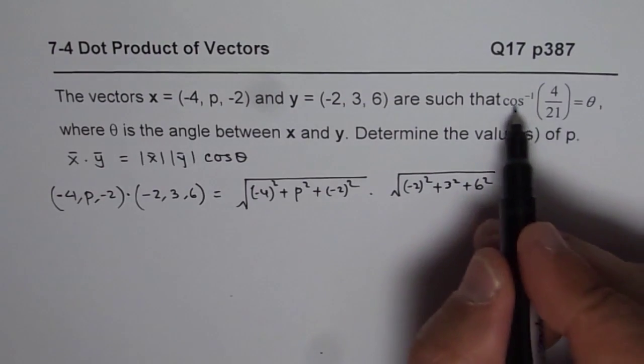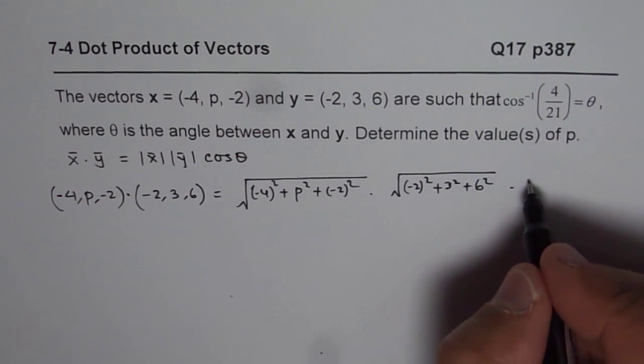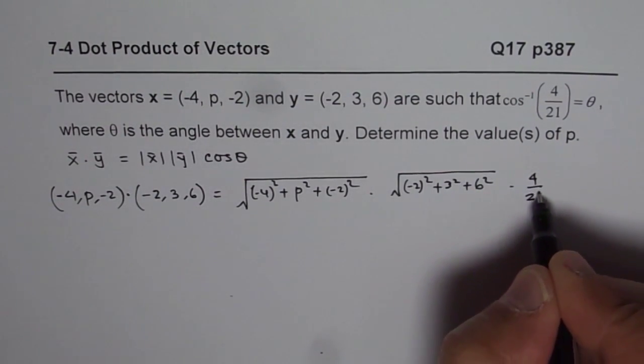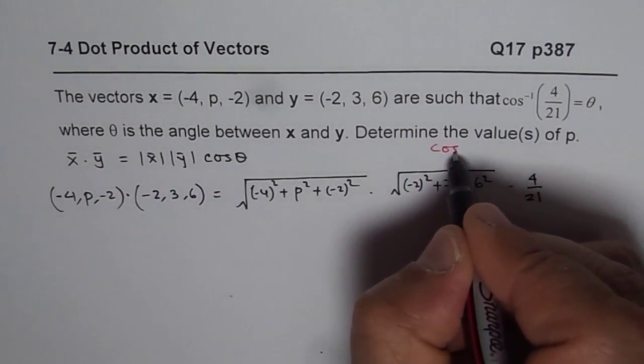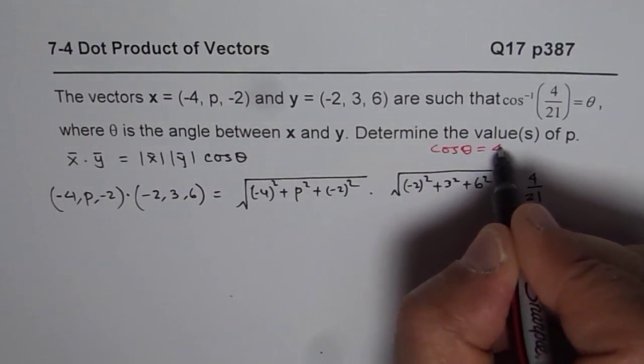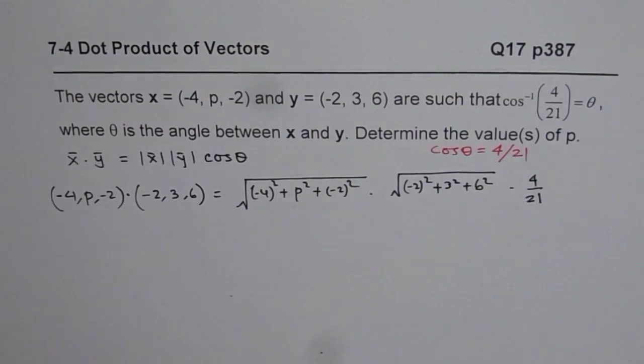Now cosine of theta is 4 over 21, so times 4 over 21, correct? So that is what we'll use.